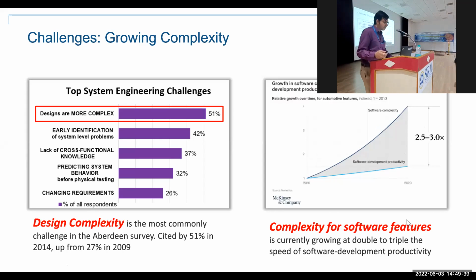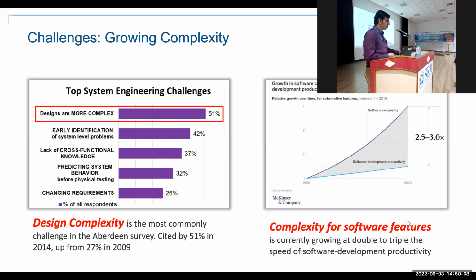Okay, so starting from early identification, if there are any problems in the very early stages and you try to build a prototype, in the later stages it is going to be very challenging, right? Specifically, lack of cross-functional knowledge, changing requirements. Among the different challenges, the biggest challenge that people are talking about is that designs are becoming very complex.